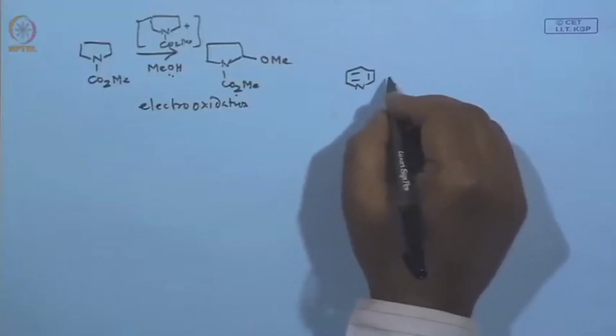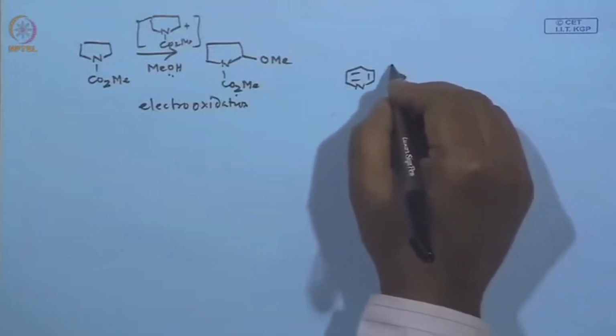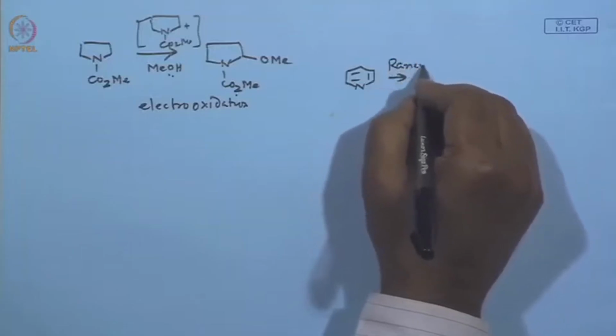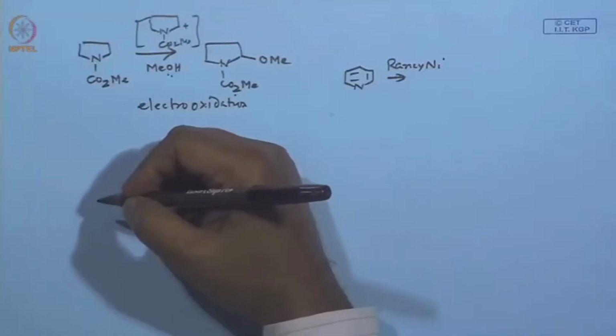And then this is another example we can talk about. This is also a synthetic challenge. Let us say you take Raney nickel and you can simply heat it. What do you expect? Raney nickel should be an oxidizing agent, or reducing agent.